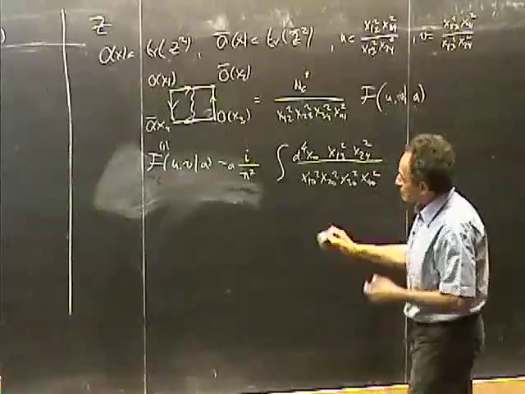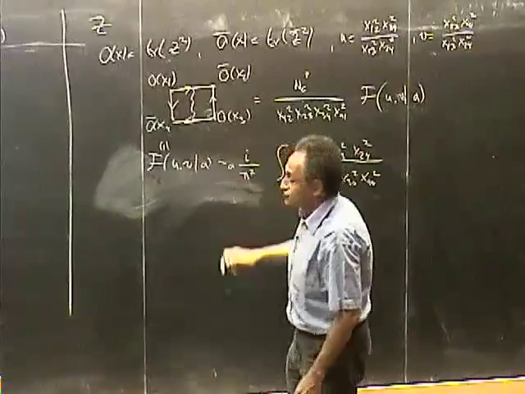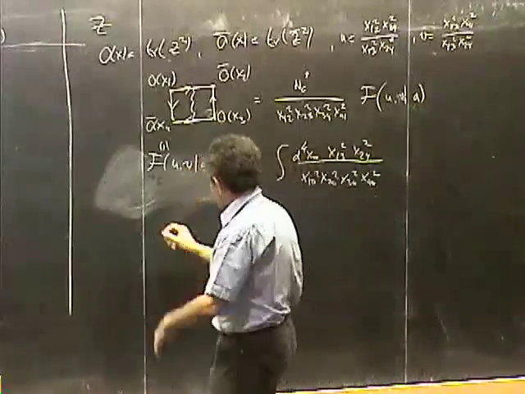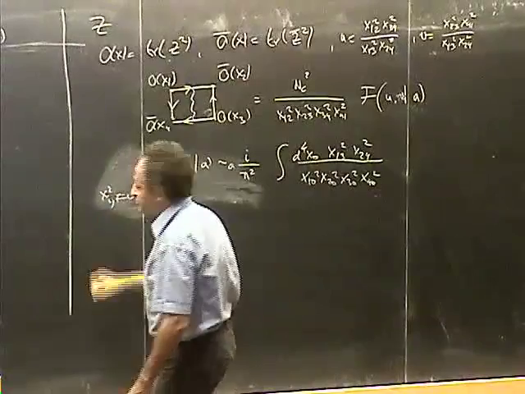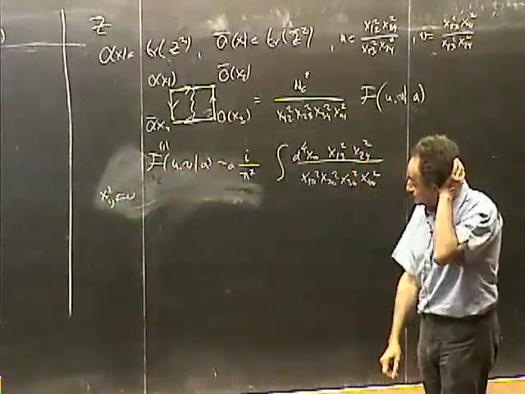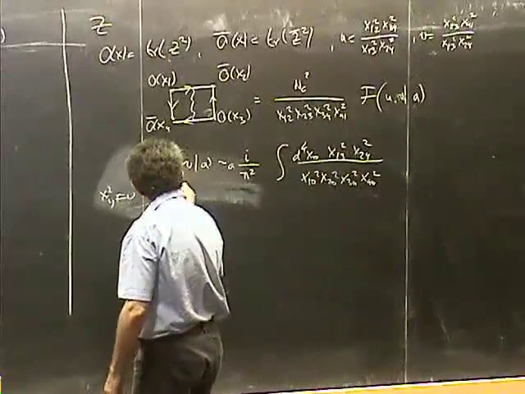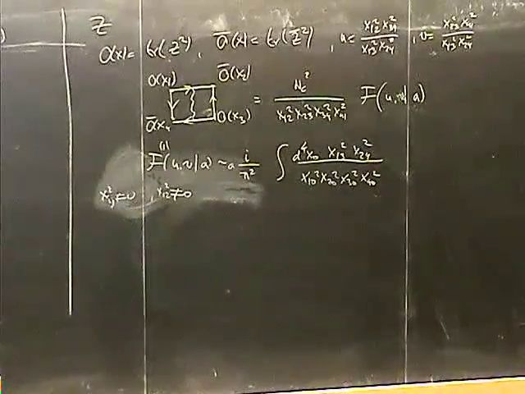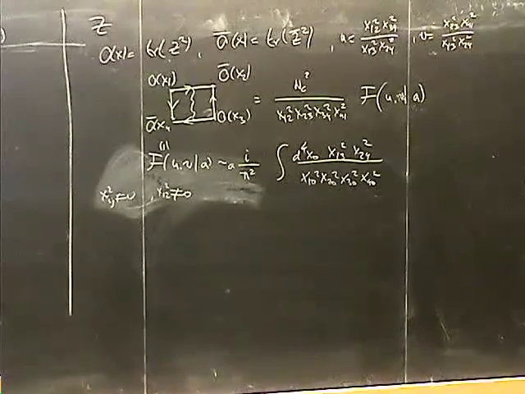The reason is that when calculating this correlation function, we have x1, x2, x3, x4, which are points in Minkowski space-time defining the positions of the operators, and in defining this correlation function you are explicitly assuming that all of these points are separated. They are not sitting on top of each other. In particular, this implies that x_12 squared is different from 0. But if you go back to this integral and ask what x_12 was here, it was exactly the external momenta. And since we are dealing with an amplitude, this momentum p1 was light-like from the very beginning.